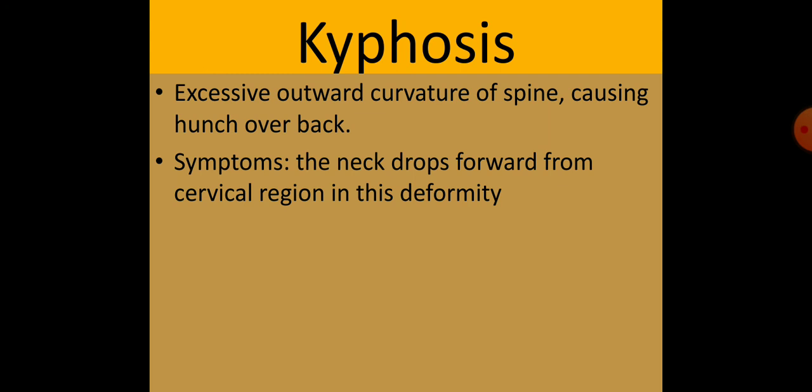That is, when a hunch develops over the back, it is due to kyphosis. Initially the neck drops slightly forward and the spine at the thoracic and cervical joint regions moves backward. Later it creates a hunch.